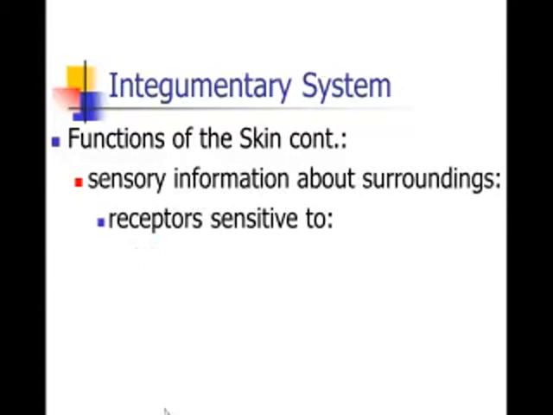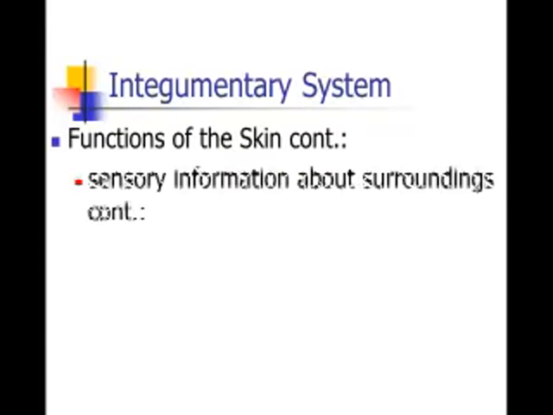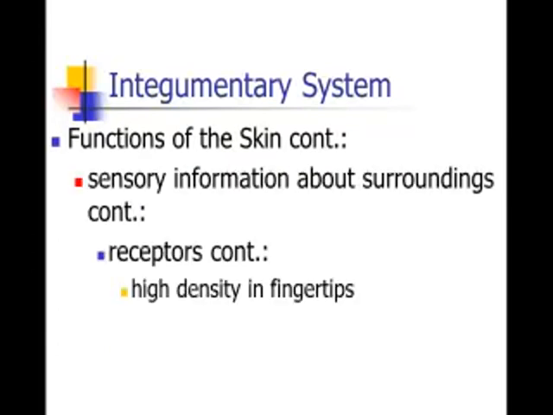And then we mentioned the sensory information that you get from your surroundings by way of the skin. Receptors in the skin are sensitive to a couple of things: pain, sensitivity to heat, sensitivity to cold, pressure, and touch. The highest density of the receptors is in your fingertips, and probably most of you are aware of this.